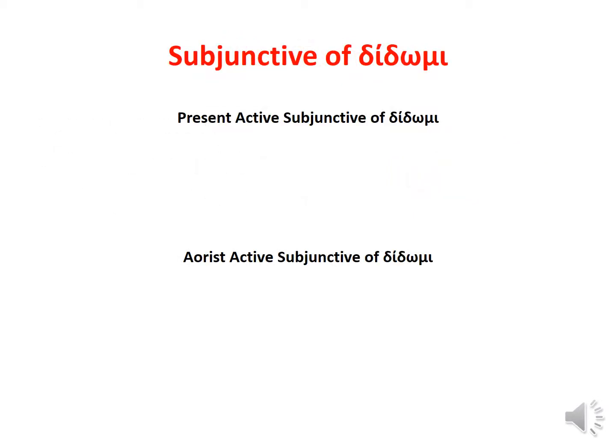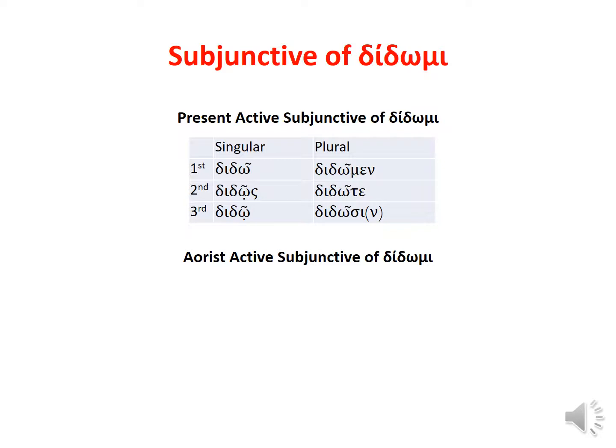Now, we don't need to run through the various parts on how to form the subjunctive because this is going to be very similar to what you've done with the subjunctive before. We don't need to run through every one of these forms either. So very quickly, we can say, once again, that with subjunctive verbs, you lengthen the vowel that you would have seen in the indicative.